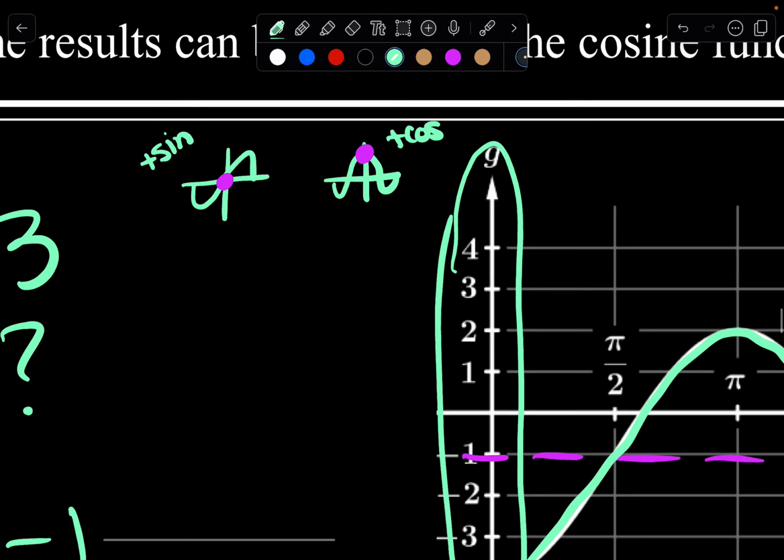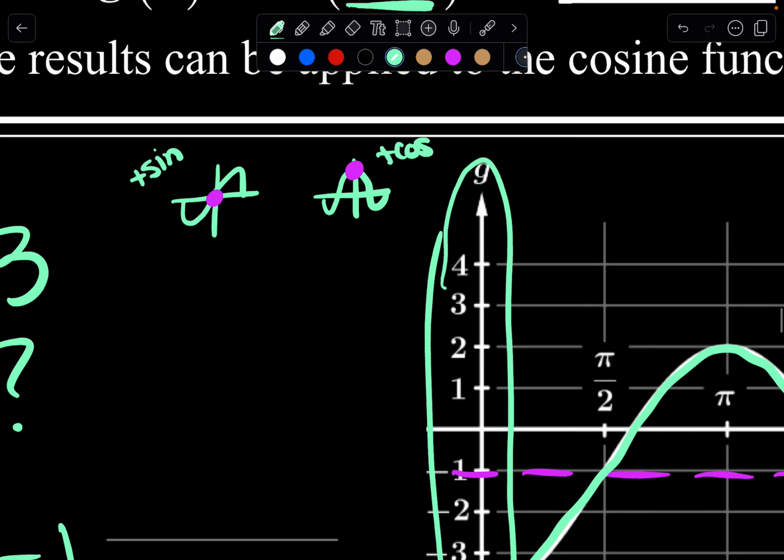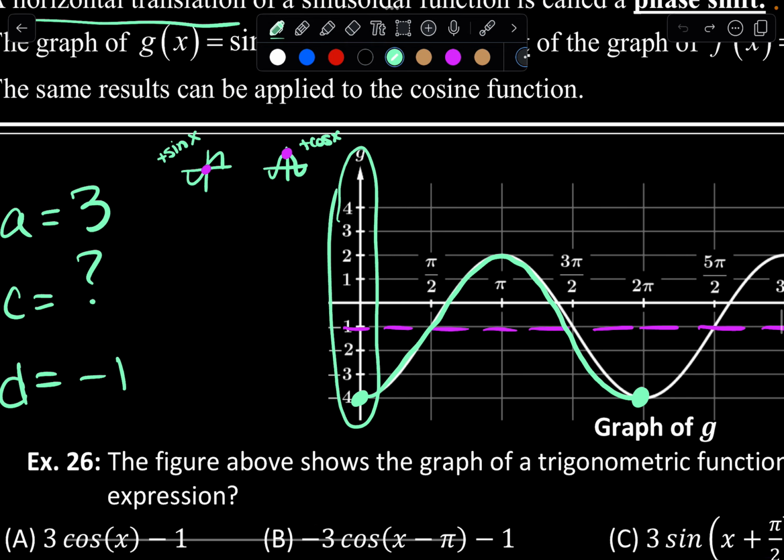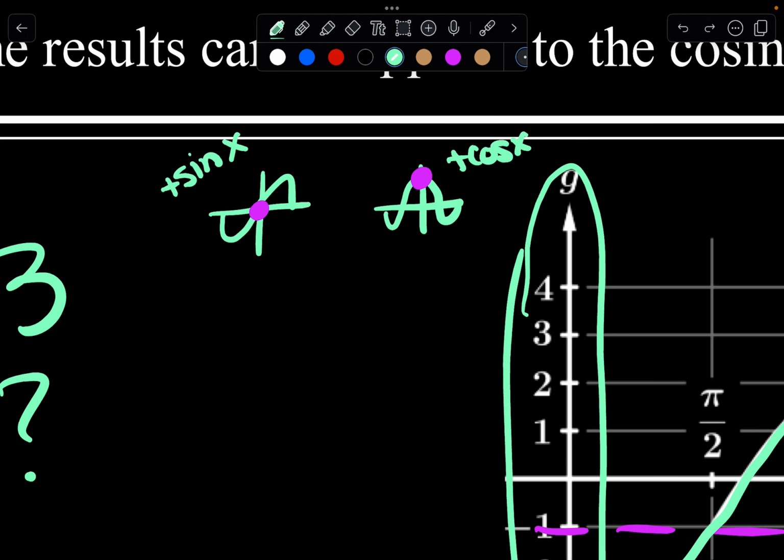So let's take a look at what would happen if we were to apply a negative to those, because now we're going to start getting into negatives. If we think about sine, if we were to vertically reflect this and say that we have negative sine x, that's going to flip the concavities, and it's going to change whether it's increasing or decreasing. So instead of concave up here, we're now going to be concave down, and it's going to be decreasing through the y-axis.